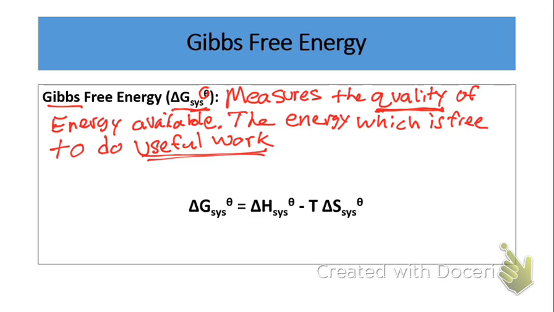So in other words, we use spontaneous reactions and we grab hold of the energy from a spontaneous reaction, that is quality energy, and use it for work to drive non-spontaneous processes. And that's kind of how we live as human beings. We eat food in order to get quality energy out of our food to drive in our bodies non-spontaneous processes that just won't occur without that useful quality work.